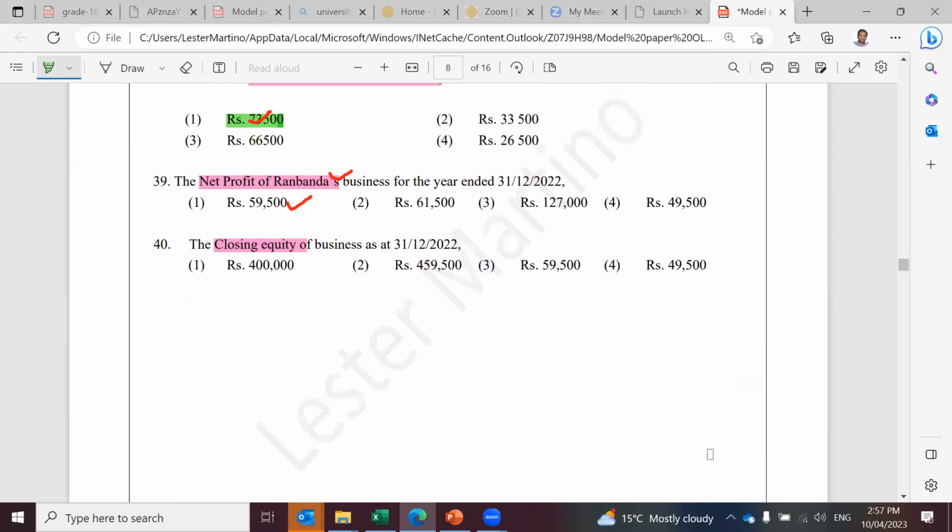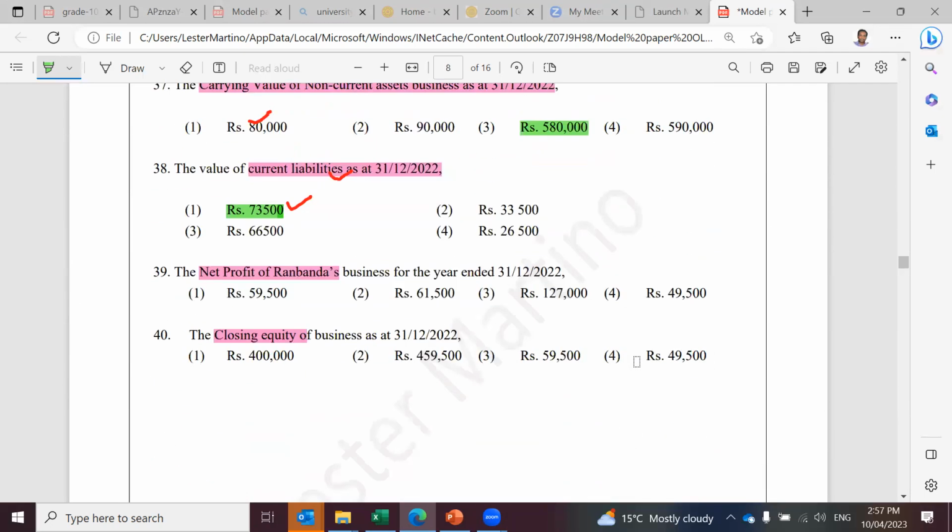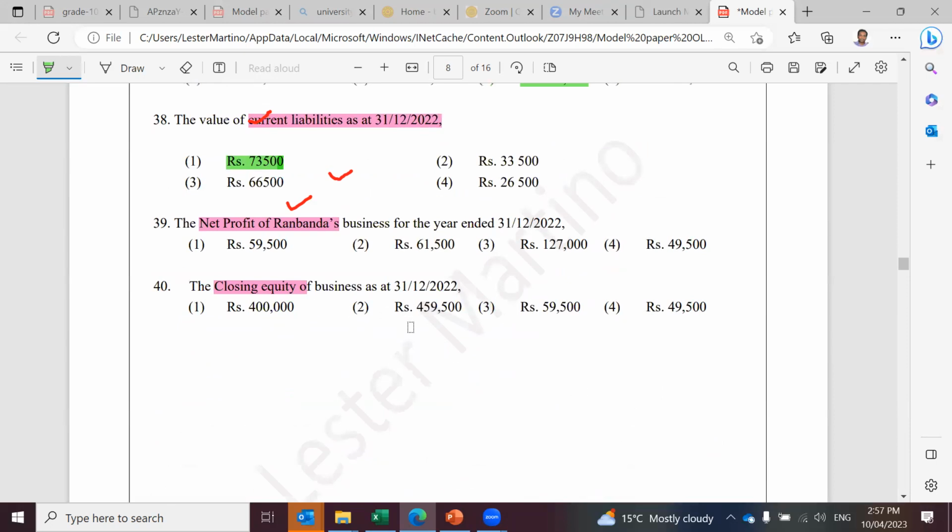Closing equity is made up of opening capital plus profit minus drawings. You don't have any drawings here. So based on that, what should your closing equity be? Which of these four gives it?